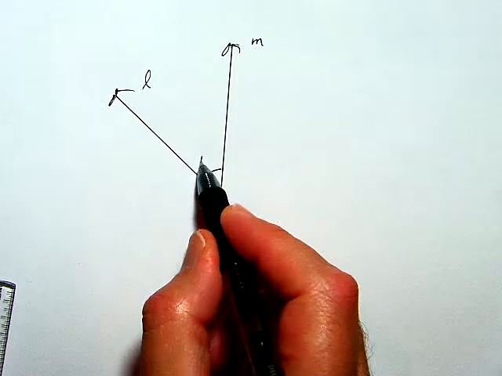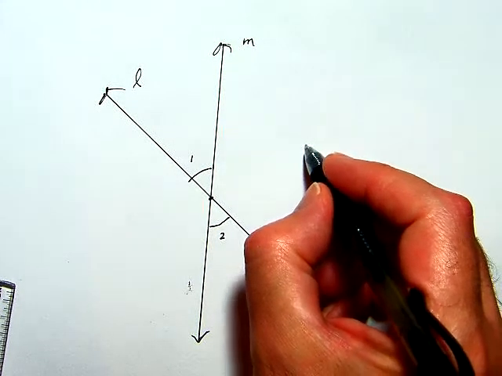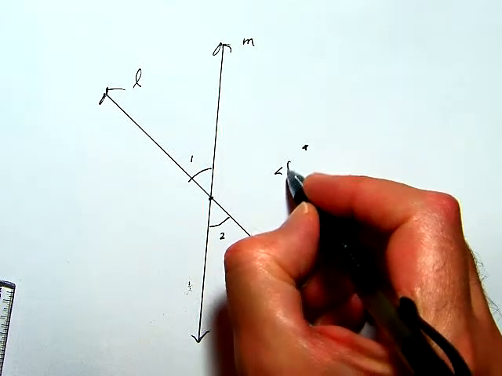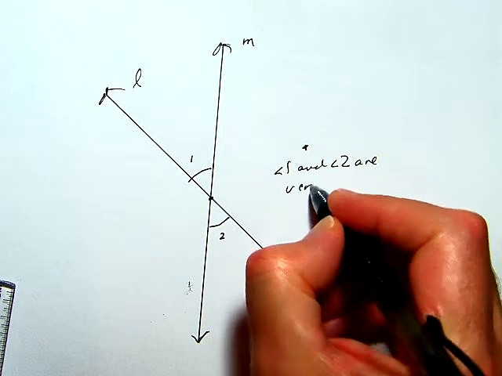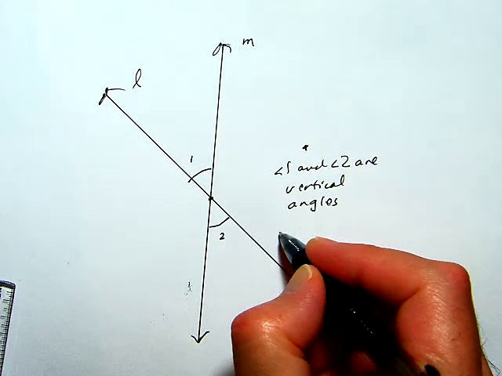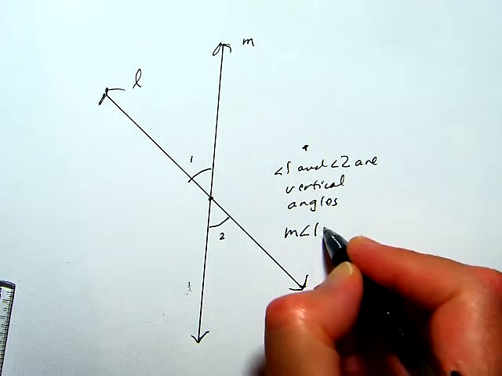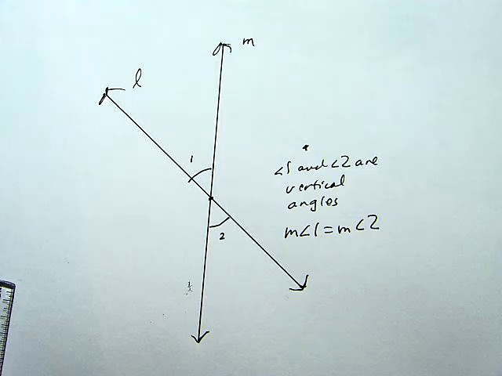And if we call this angle 1, we call this angle 2, then we could say that angle 1 and angle 2 are vertical angles. And therefore we know that the measure of angle 1 equals the measure of angle 2, because any 2 vertical angles have equal measures.